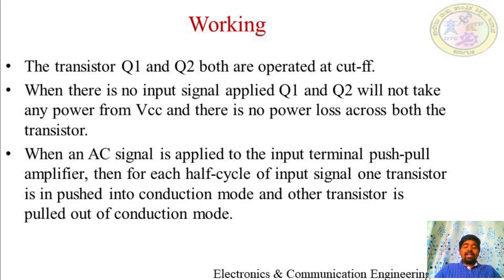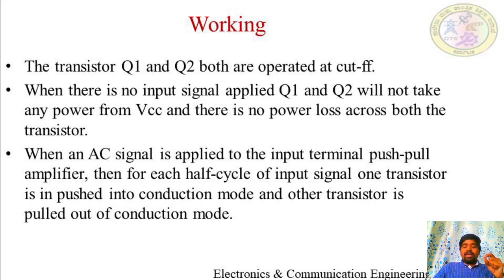Next case: what will happen when I apply an AC signal? When an AC signal is applied to the input terminal of the push-pull amplifier, that means to the primary winding of transformer T1, then for each half cycle of the input signal, one transistor is pushed into conduction mode and the other transistor is pulled out of conduction mode.